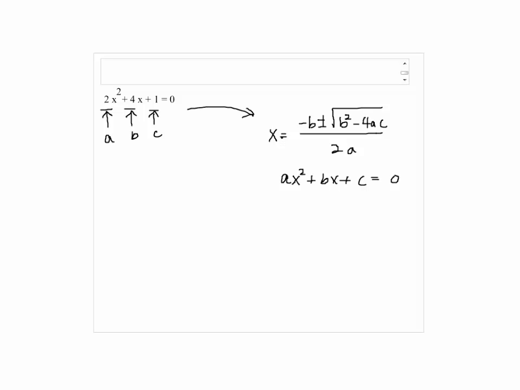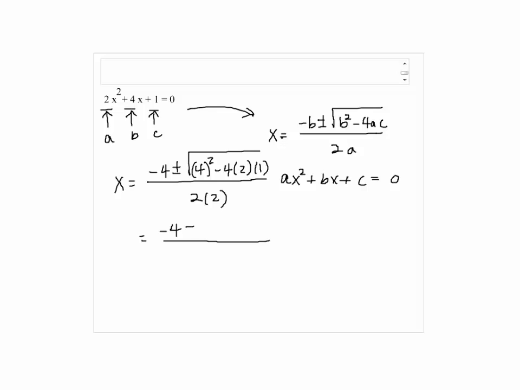So by plugging these numbers into the formula, we have x equals negative 4 plus or minus the square root of b squared, which is 4 squared, minus 4 times 2 times 1, over 2 times 2. So negative 4 plus or minus the square root of 16 minus 8 over 4.